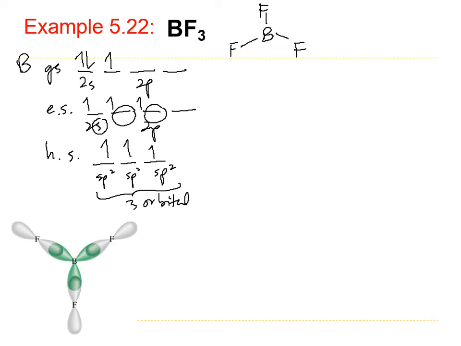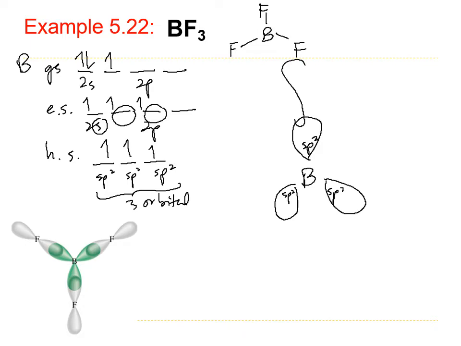So how do we draw boron? We draw the sp2 orbitals forming 120 degrees between the bond angles. What you're going to do next is F. F is a p orbital. Excuse my bad drawing.